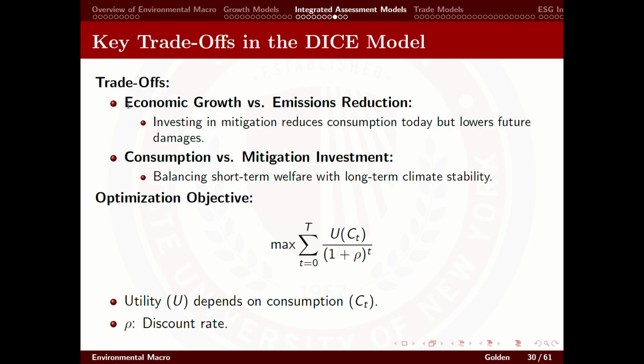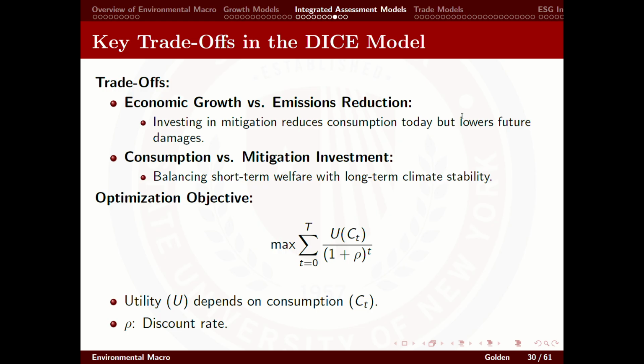So key trade-offs in the DICE model: economic growth versus emissions reduction. Investing in emission mitigation reduces consumption today, but lowers future damages. And then consumption versus mitigation development, balancing short-term welfare with long-term climate stability.